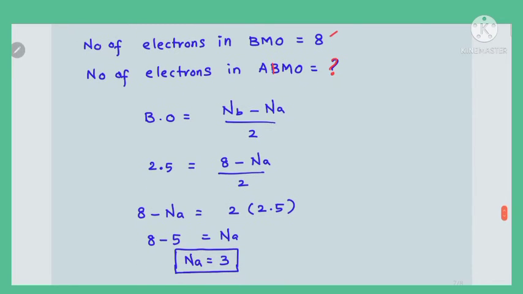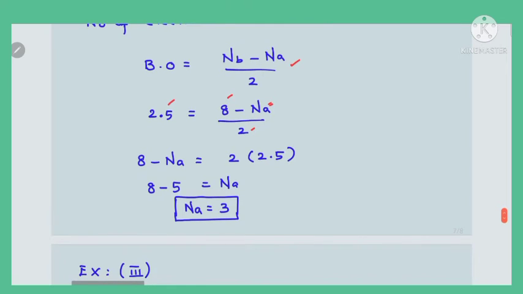So this is the formula for bond order. Now let us substitute the values. Bond order is 2.5 and the number of electrons in BMO is 8 minus Na, which is what we are going to find out, divided by 2. After rearrangement, I get the Na value as 3. Therefore the number of electrons present in the anti-bonding molecular orbital is 3.